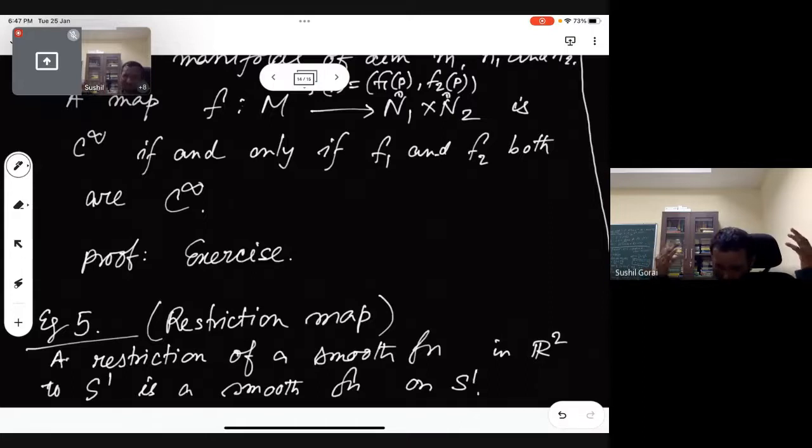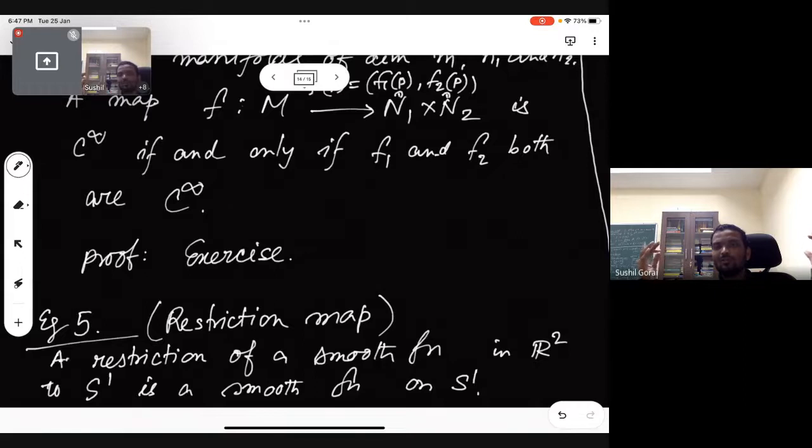Similarly, if you look at smooth functions in R3 and restrict them to the unit sphere, you will get smooth functions on the sphere. You might not be able to get all the smooth functions this way. We did not say that yet. But what do you get? You get a collection of smooth functions, examples of smooth functions.